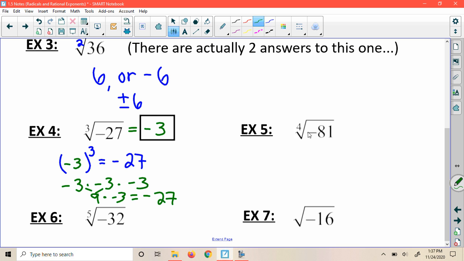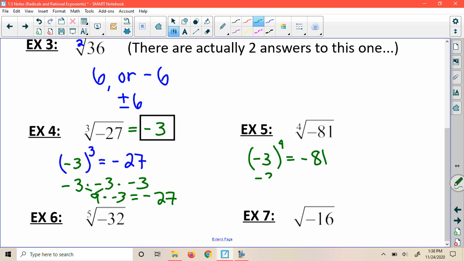Now, what about this one? The fourth root of negative 81. So we need to find some number to the fourth power that ends up equaling negative 81. And kids tried for a minute. A couple of them actually said negative 3 to the fourth power might work.